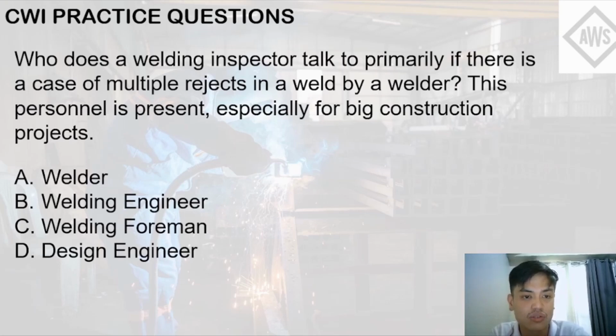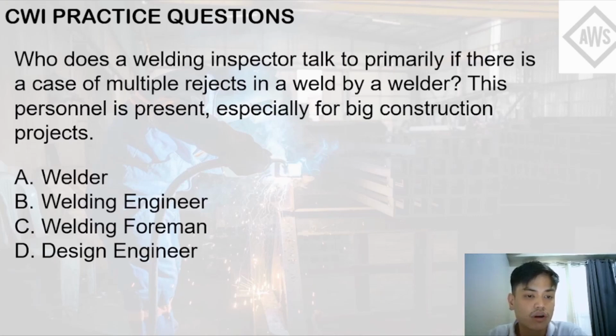It might not be a good idea to confront him directly if he produced multiple rejected welds. Letter B, the welding engineer, is not responsible for this, because he created the welding specification. So he will not be the one the welding inspector needs to talk to in this situation.